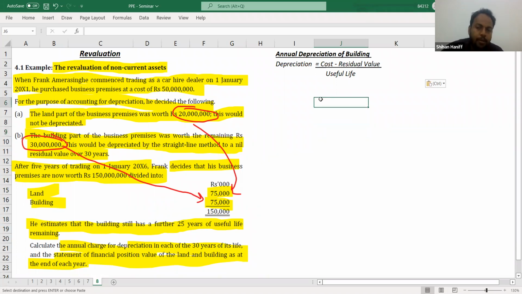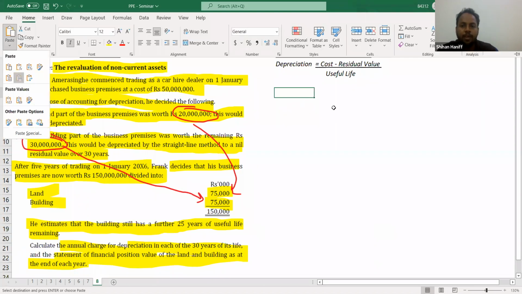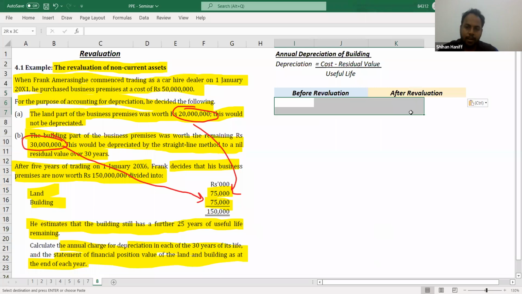Can you all calculate the depreciation of the building for the first 5 years and the next 25 years? That means before revaluation and after revaluation. Can you all calculate this? I'll give some time. Take about 4 minutes for this calculation.